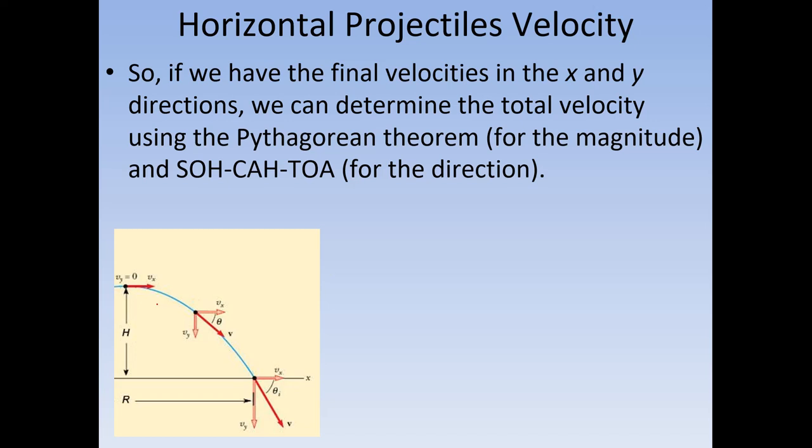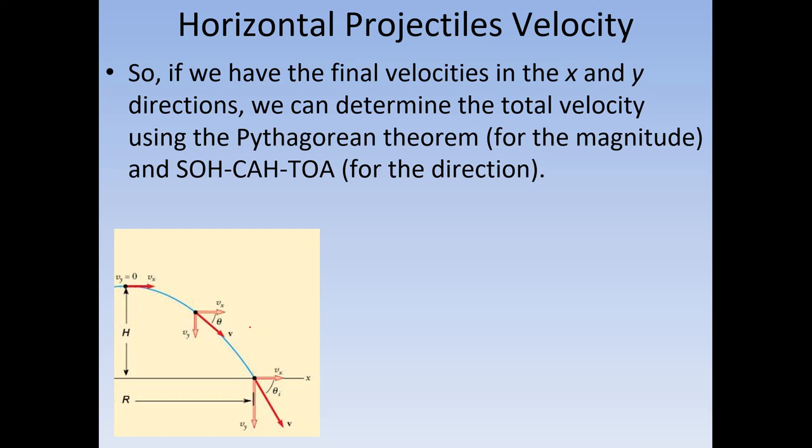Initially, we don't have to worry about that because it's all horizontal. None of it's vertical. But as we get further and further along, this vertical aspect increases. So what we're going to end up having to do is use Pythagorean theorem to figure out what the actual velocity is.